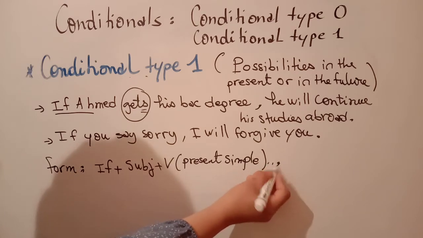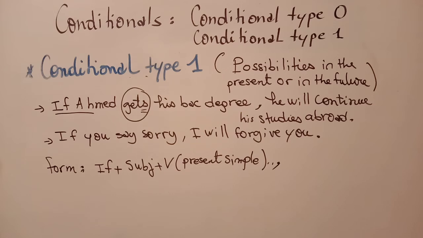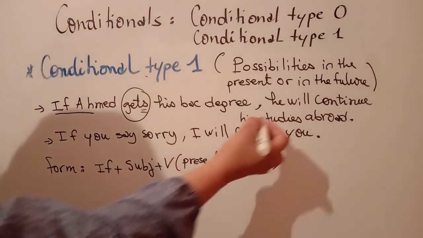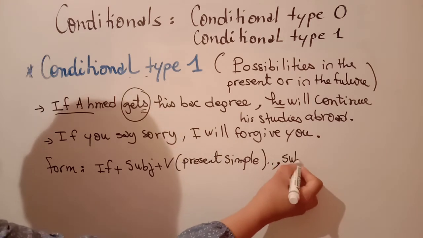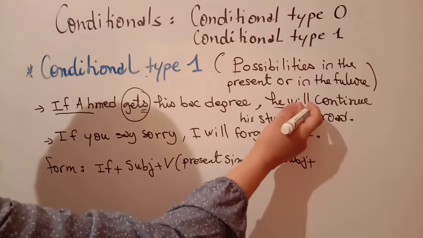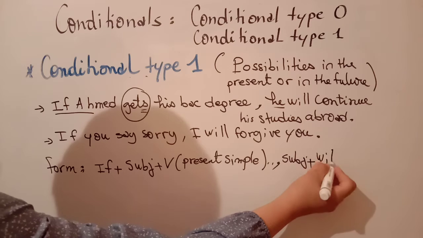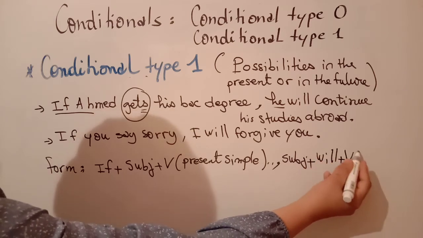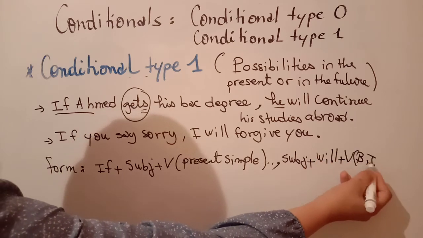Okay, comma. Now the main clause. What is the form of the main clause? You have subject plus the modal will plus verb bare infinitive.